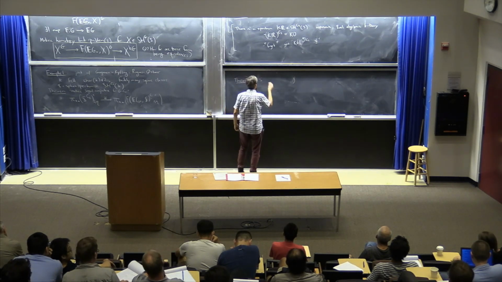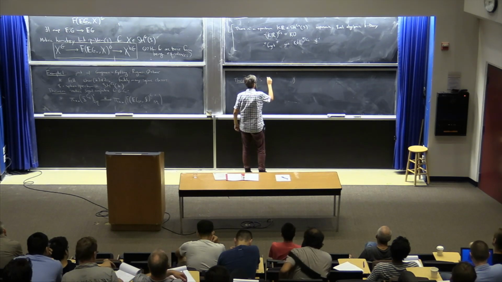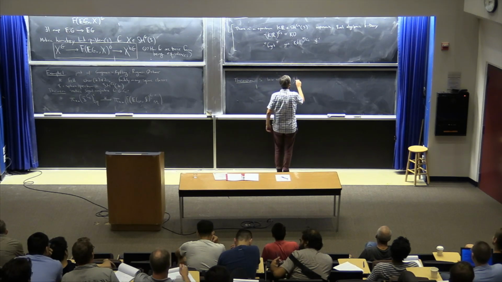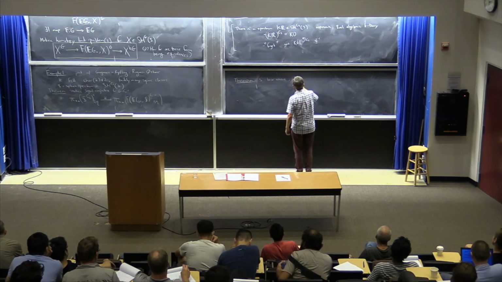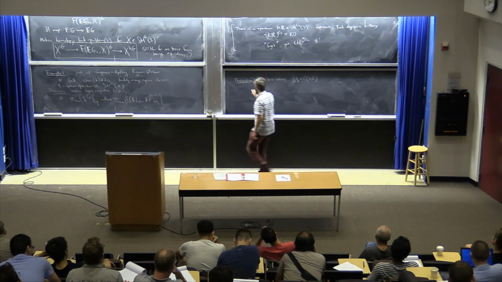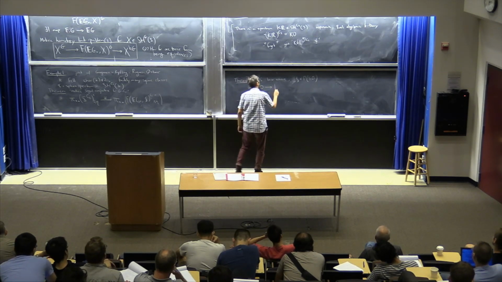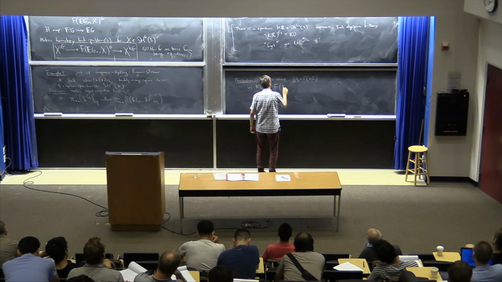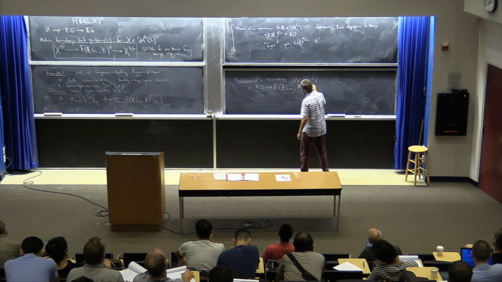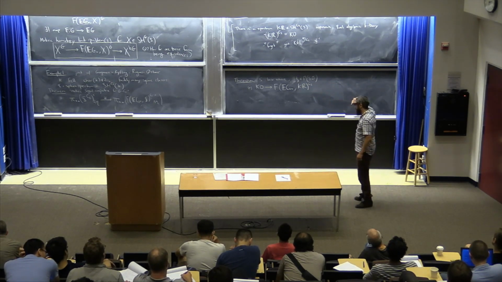So S is just a Noetherian base scheme with 2 invertible. So you can consider the map from this spectrum KO to these homotopy fixed points.